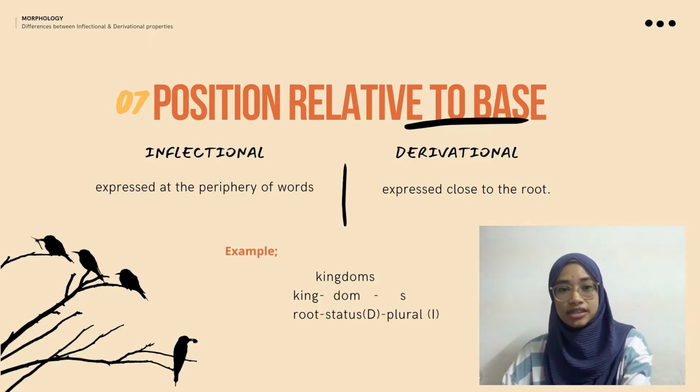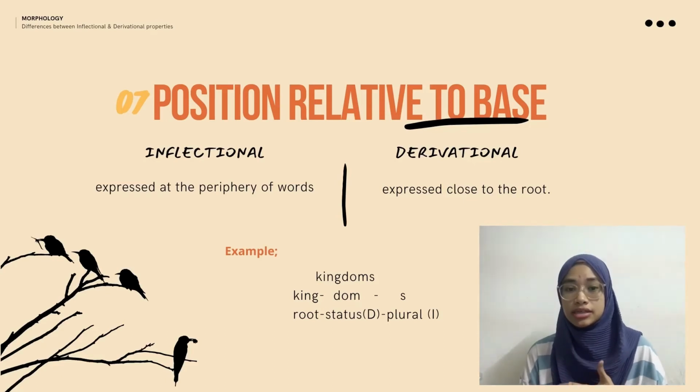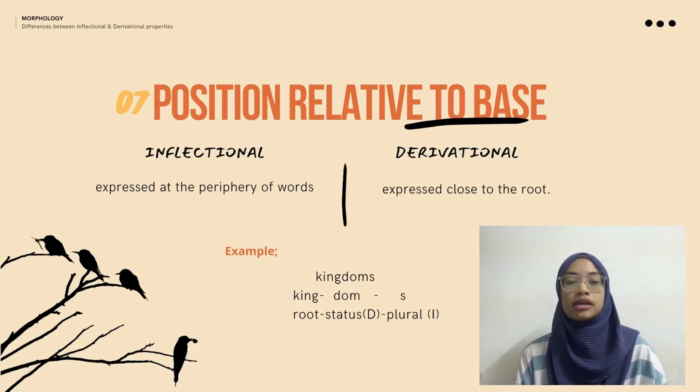Canonical inflection is expressed at the periphery of words. Canonical derivation is expressed close to the root, but this property can only be used in exceptional cases as a guidance tool, since it is a relative property and not an absolute one.